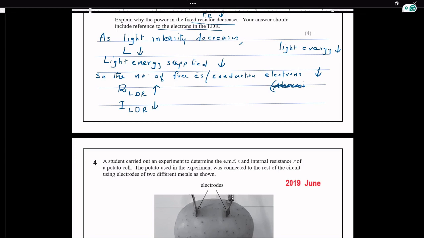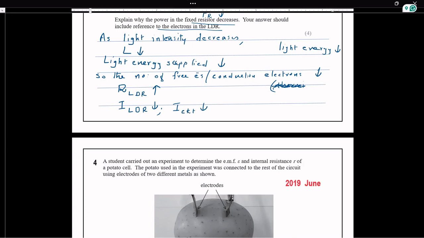As the number of free electrons decreases, the current of the LDR is decreasing. Current of the LDR or current in the circuit, because the LDR is connected to the circuit in series. So the current of the circuit decreases.